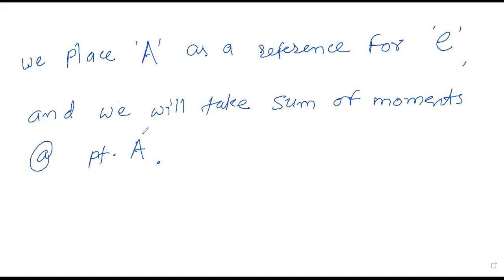FW1, FF1 and FF2 all are passing through point A, right?